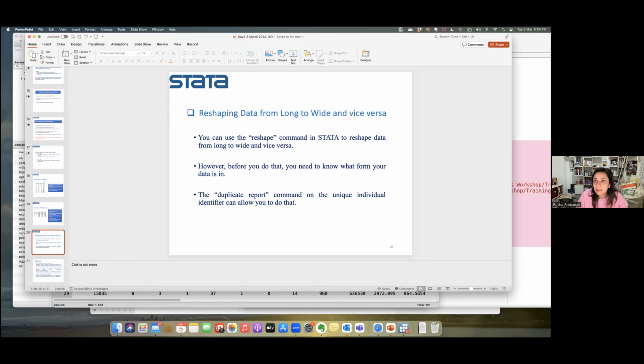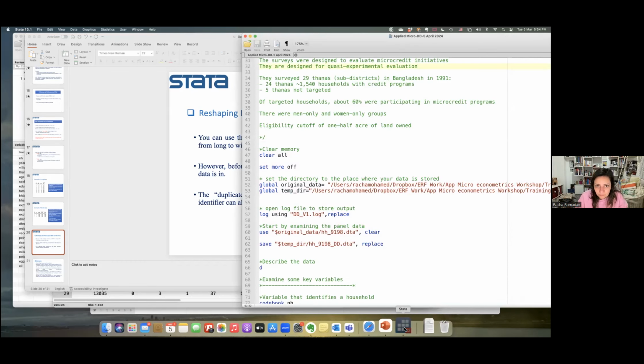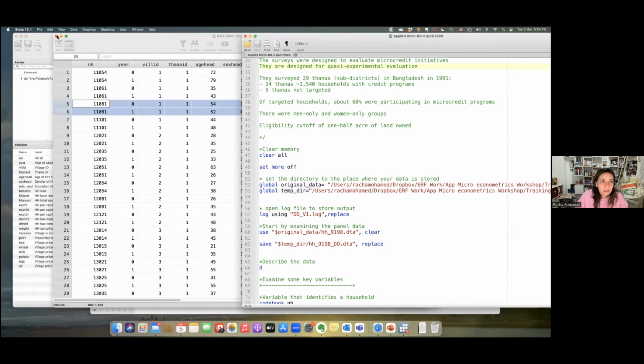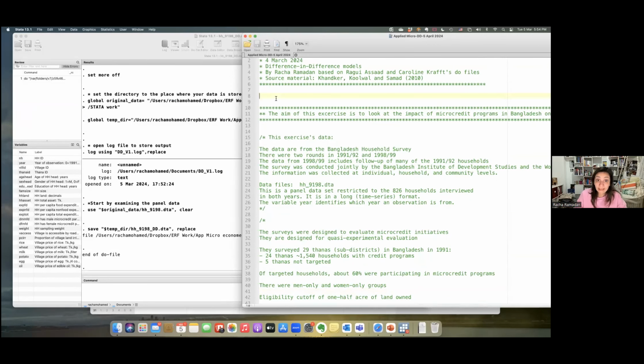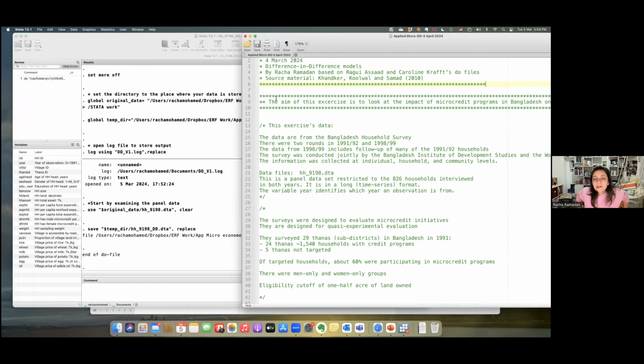Okay, let me come to the data again. So again, this do file is based on a do file that was originally created by Ragi Asad and Caroline Kraft, who used to give training.